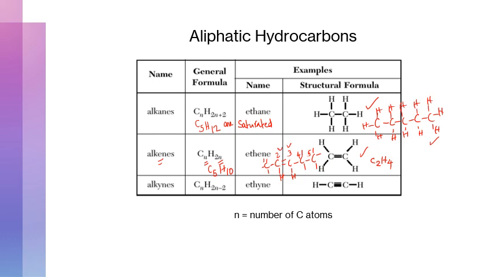The second carbon is connected to another carbon and another hydrogen. The third carbon is connected to another carbon and a hydrogen, like that. But the fourth carbon is connected to 2 hydrogens and 2 carbons. So it doesn't matter where you put the double bond if it is not specifically given which carbon atom it is on. That's how the formula works.